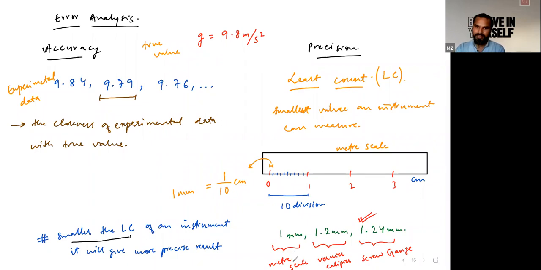Suppose if you have a meter scale, its least count is 1 mm. For a vernier caliper, its least count is 0.01 mm. No, 0.1 mm. 1/10 of this. Similarly, for a screw gauge, it would be 0.01 mm. So the smallest least count in either of these three instruments would be for the screw gauge. So it will give you more precise result.